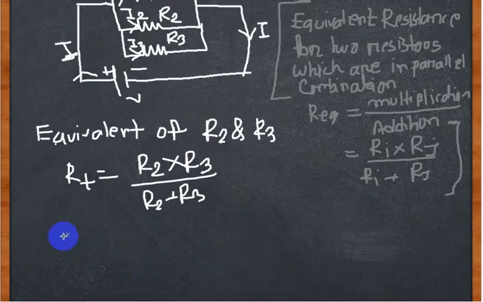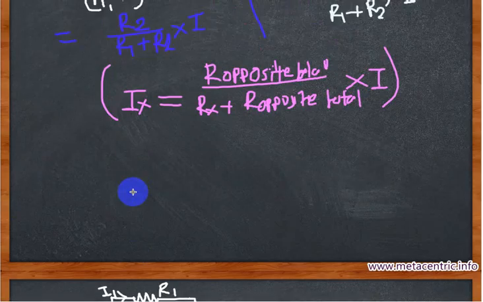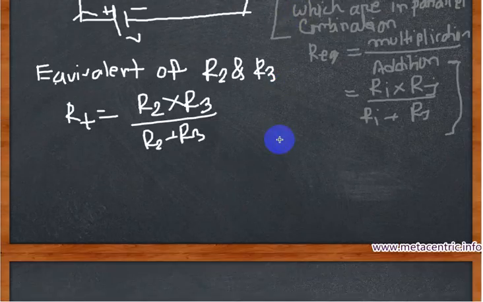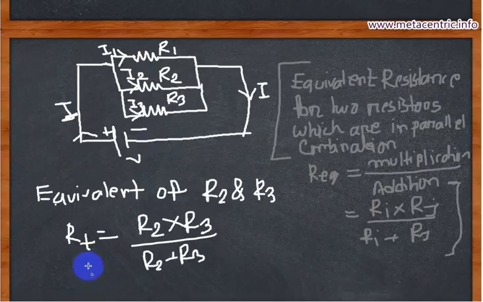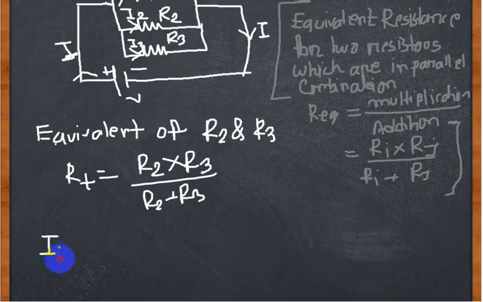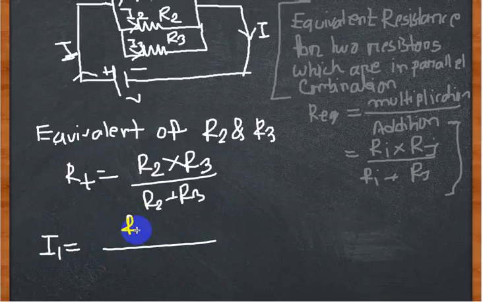So now using the generalized formula. So what is the generalized formula? If we want to calculate the Rx, the opposite total should be in the numerator, and in the denominator there should be that resistance plus the opposite total resistance, into total current. So in that case, if we want to calculate the value of I1, we can write using the generalized formula I1 equals, in the numerator there should be the opposite total resistance, that means RT, divided by that resistance, that means R1 plus opposite resistance RT, into total current.